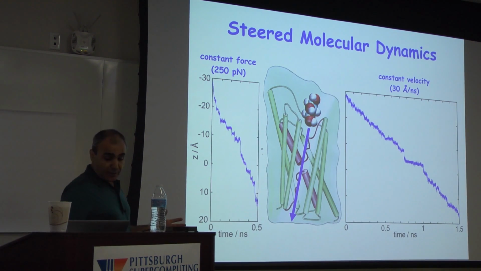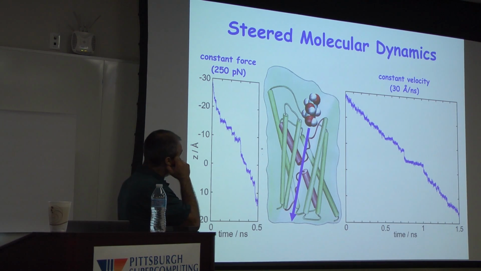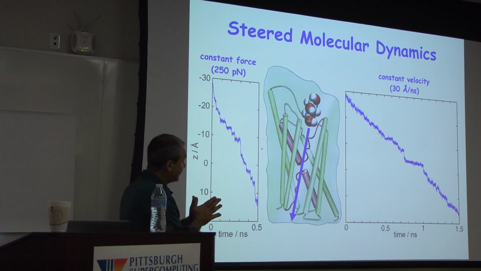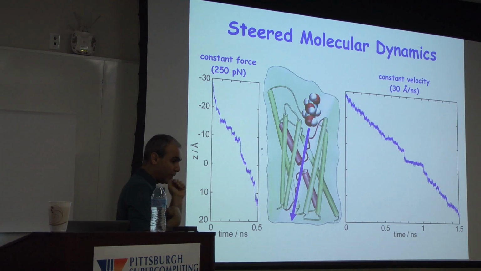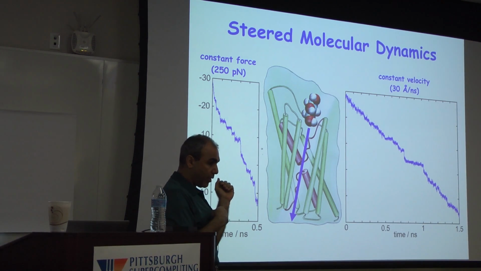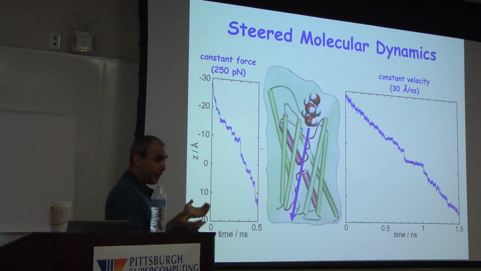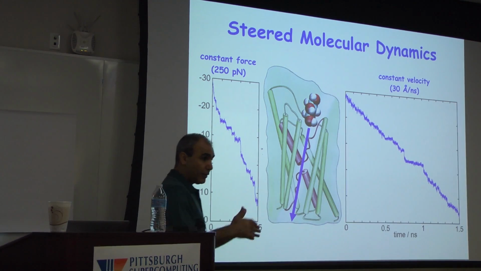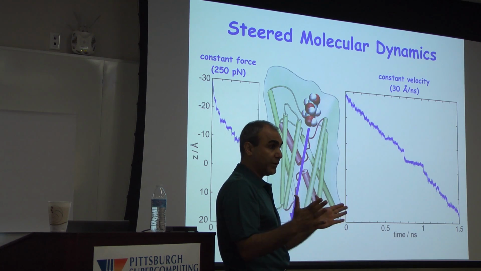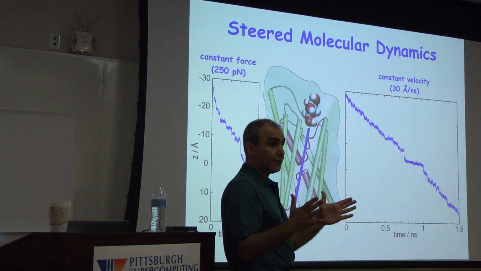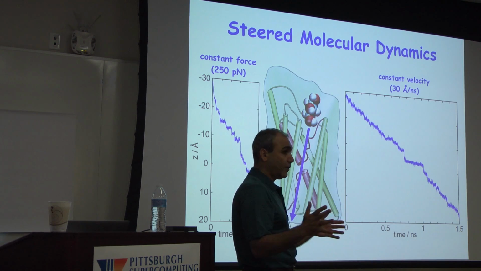So we did the simulation, and now I'm talking about the different protocols for SMD, steered MD. You have to apply a force. So should I apply a force of 10 piconewton on a mouse, or 100, or 1,000 piconewton to make sure that he leaves the room before lunch? That's your limited time scale that you can simulate. I can simulate my system 100 nanoseconds.